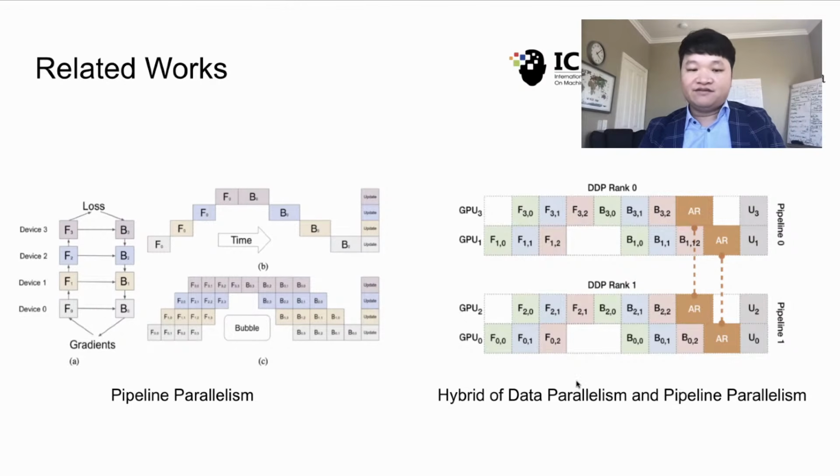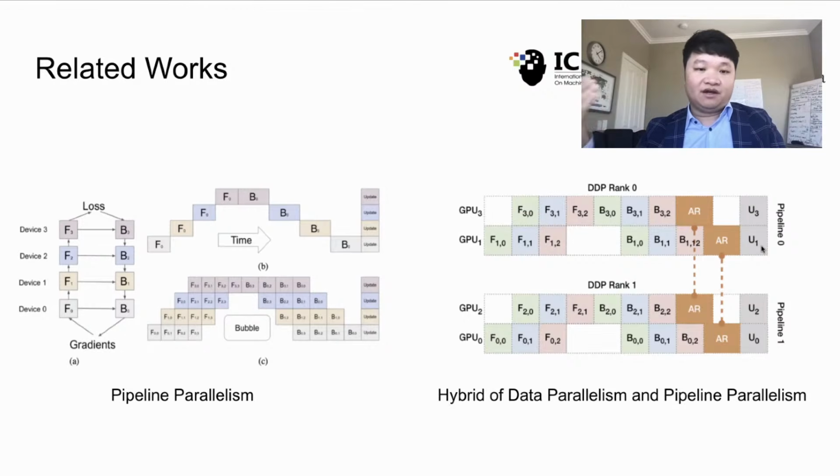We can also make this hybrid, combining the pipeline paradigm with the data parallel paradigm. When it becomes hybrid, it means that when we finish the back propagation for a specific layer, we can do all-reduce with another copy on different machines. AR here represents all-reduce. Once we finish all the all-reduce for different fractions of the layers, we can do the update.